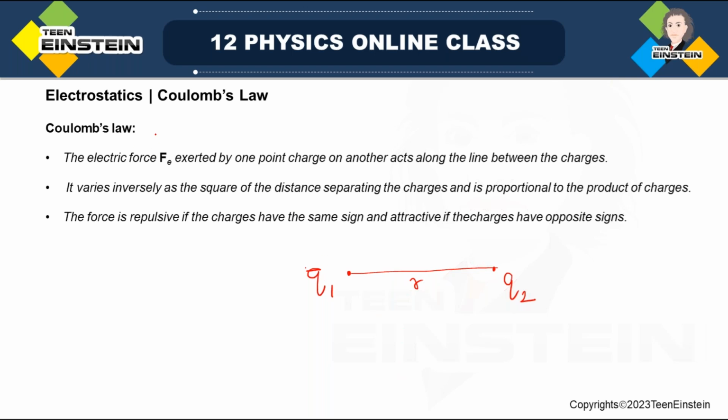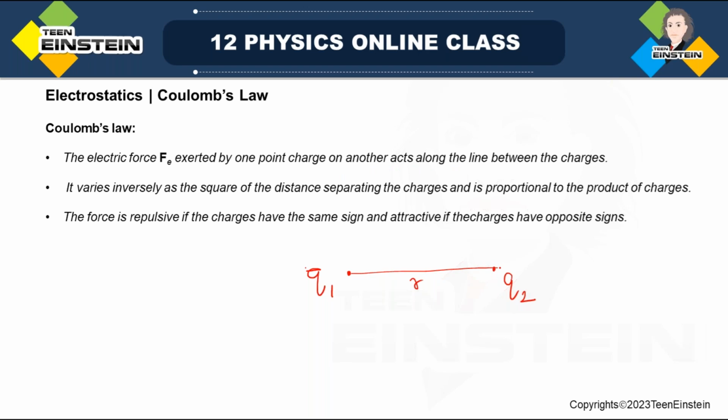Coulomb's law actually states about the electric force. It talks about electric force between two charges. Coulomb's law states that the electric force exerted by one charged particle on another acts along the line between the charges.